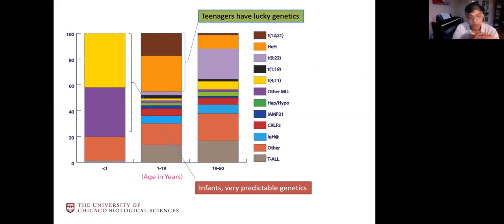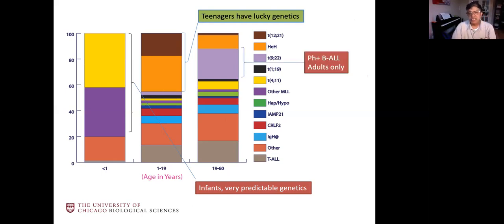But in reality, no. Actually, it's good. The more the chromosomes, the prognosis is actually better. So that's very common in younger children and teenagers. And of course, you have this 12;21 translocation, which is also a good player in B-ALL. So these are very predictable patterns that you will observe based on the age of the patient.